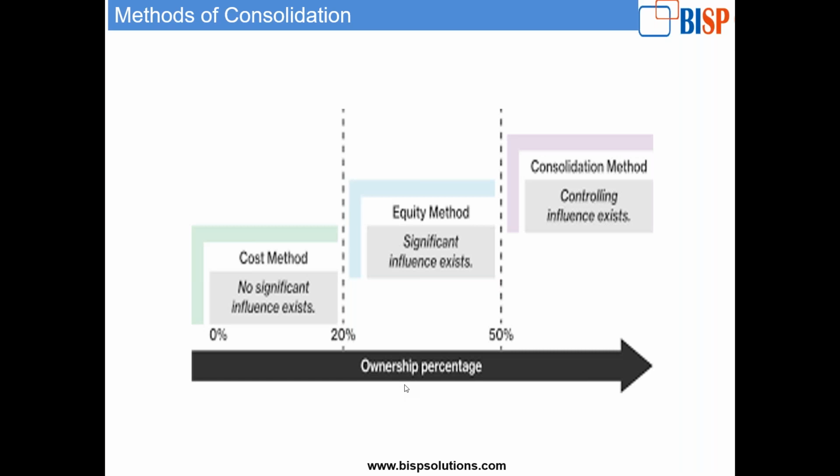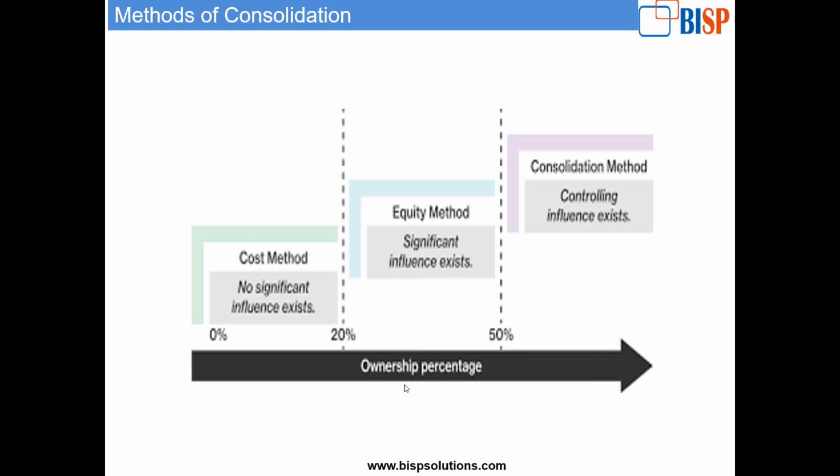But in case the company takes acquisition between 20 to 50%, then they follow the equity method of consolidation. By taking the acquisition between 20 to 50%, they have significant influence on that company, not total influence, but significant influence, so that they can influence decisions by exercising their rights.